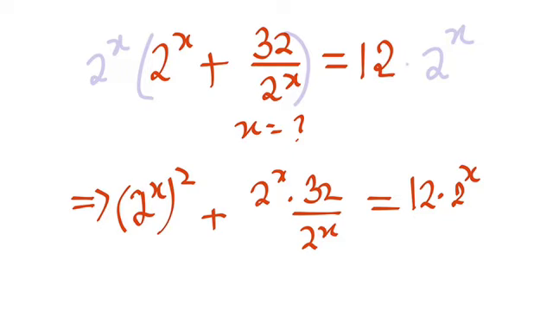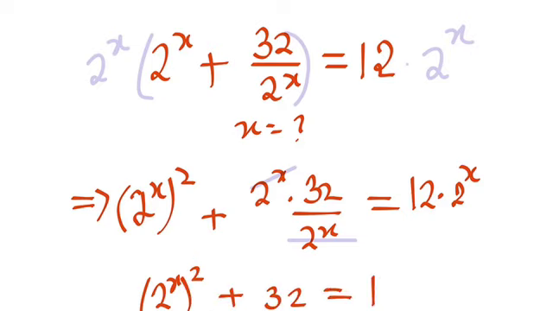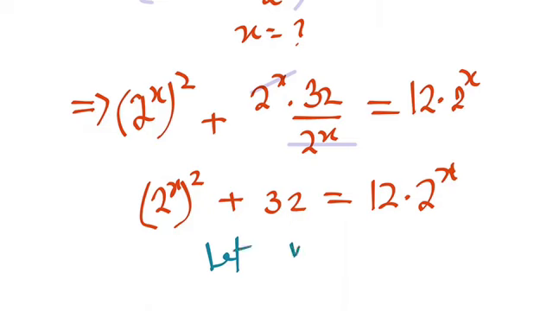So now you can see that we cancel this, so we are left with 2 to the power of x, then to the power of 2 plus 32, then equals 12 multiplied by 2 to the power of x. So now the next thing, let y equal 2 to the power of x.